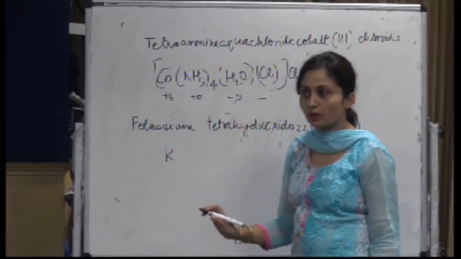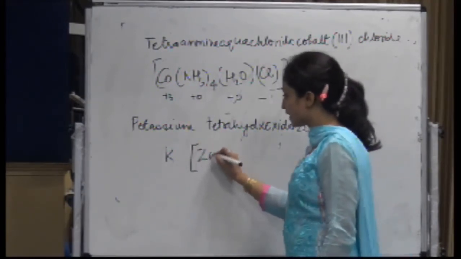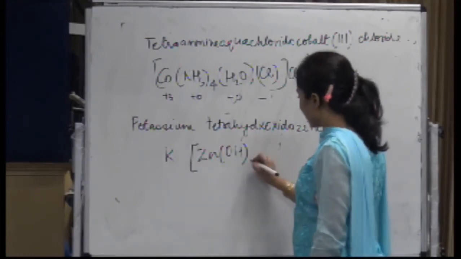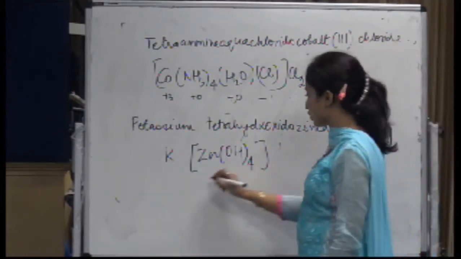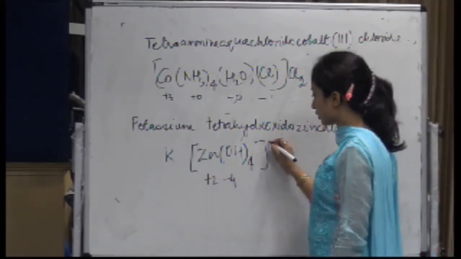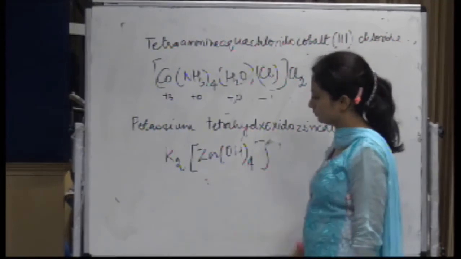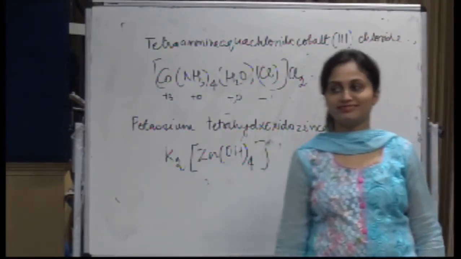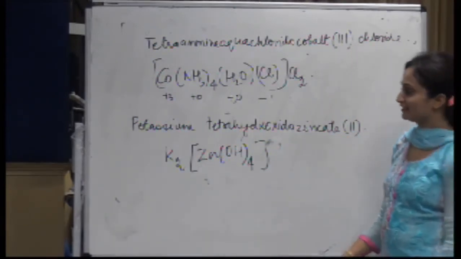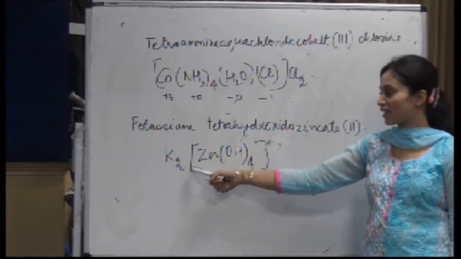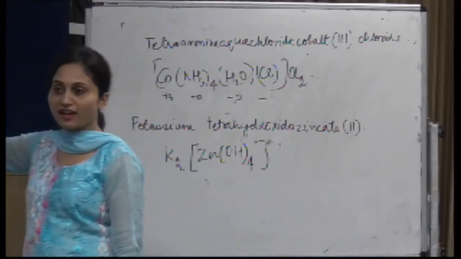We don't yet know how to balance the K, so after that the coordination sphere starts, so it would be Zn, OH, tetra so 4, coordination done. It will be a minus charge on the complex, this is for sure. This is plus 2 minus 4, so the charge is minus 2. This minus 2 will be balanced with K2. So it's potassium tetrahydroxidozincate.